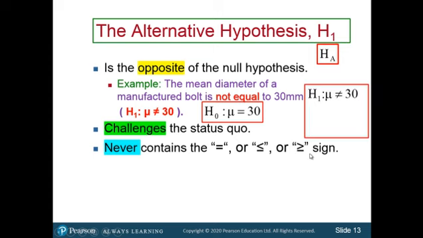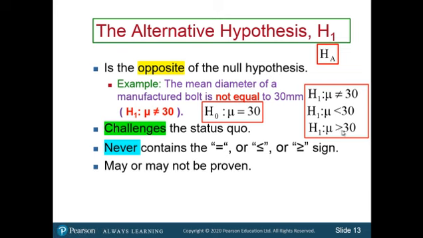There are three possible signs that we can use for our alternative hypothesis. The first is mu not equal to 30. Second is mu less than 30. And the last is greater than. So we use not equal to, less than, or greater than for the alternative hypothesis.